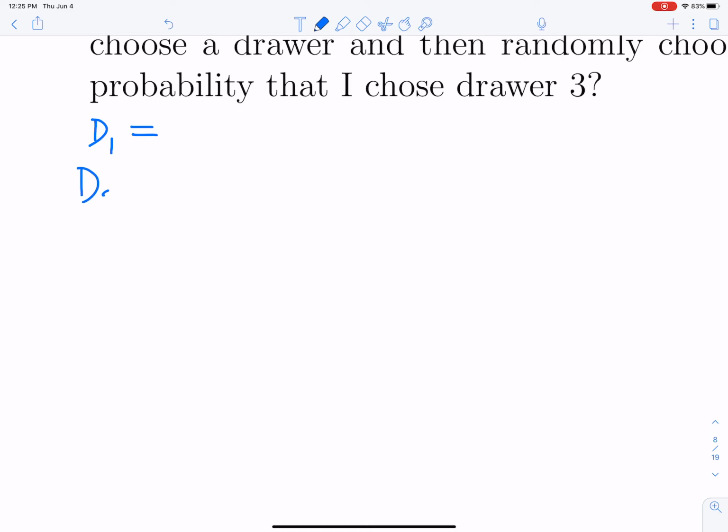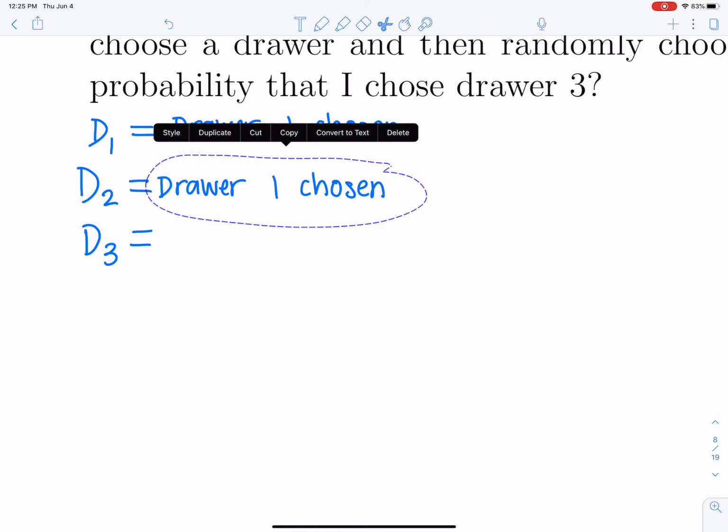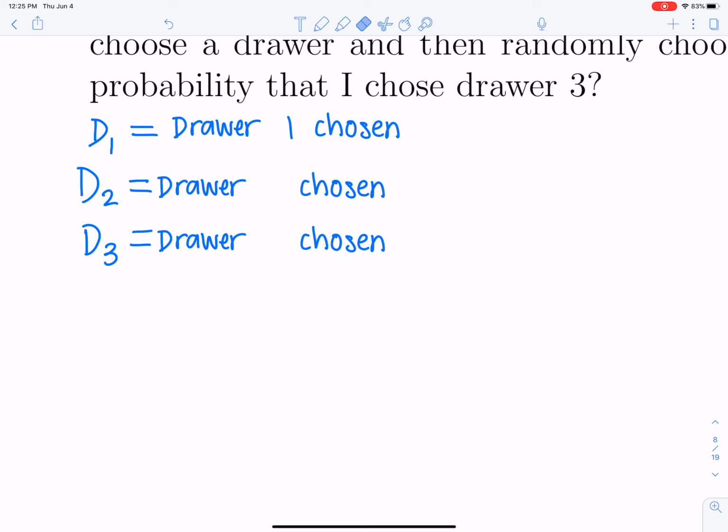So D1, D2, D3 will be that drawer 1, 2, or 3 is chosen. And our other event, I will call S, is the silver coin is chosen.